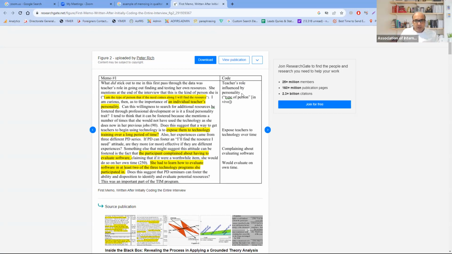So if I want an answer to this, or this code would be relating to the statement which is highlighted: "I am the type of person that if the need comes along, I will find the resource." So this is a statement, and this might have an impact on the subject matter or might be some information that would correspond to the main code or would answer something to do with the code.